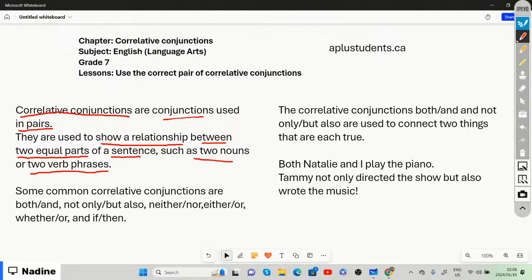And we said some of the correlative conjunctions that come in pairs are both and, not only but also, neither nor, either or, whether or, and if then.